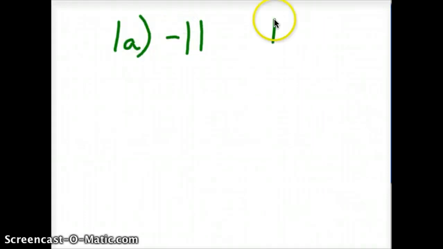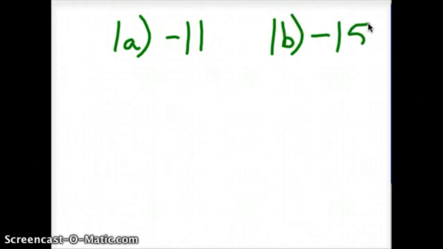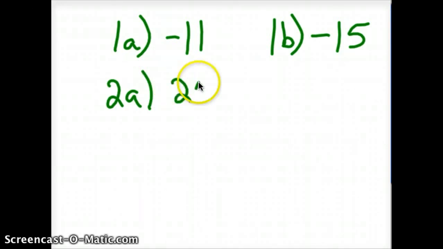Okay, I'm going to give you guys the answers to 1A, 1B, 2A, 2B, 3A, and 3B. Now, for 1A, you should have gotten -11. 1B, you should have gotten -15. 2A, you should have gotten the answer 20.